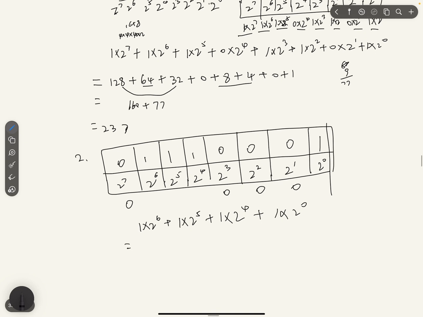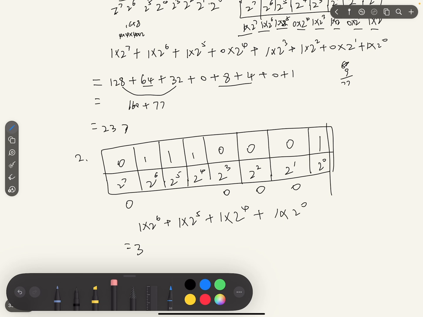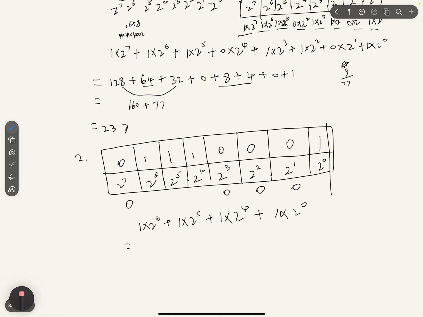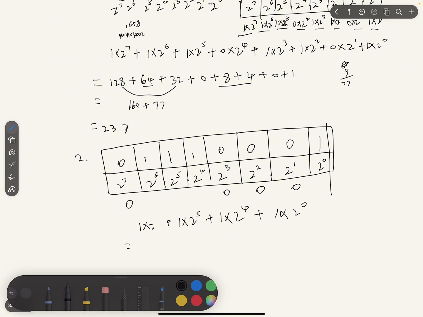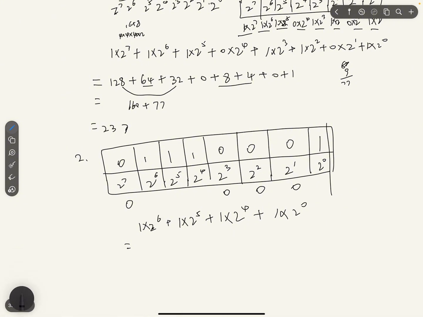So 2 to the 6 is 4 times 4 times 4, 64, plus 32, plus 16, plus 1. That's 80 plus 33, so it will be 113.